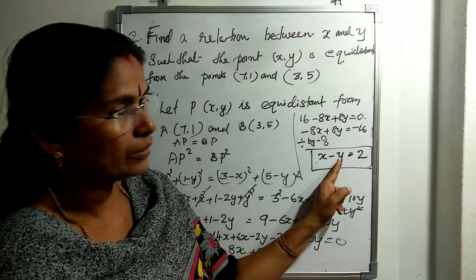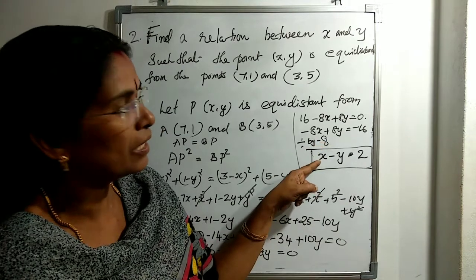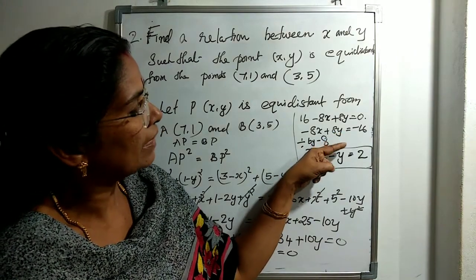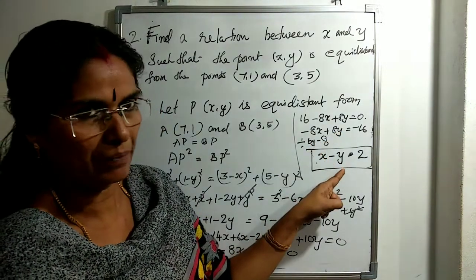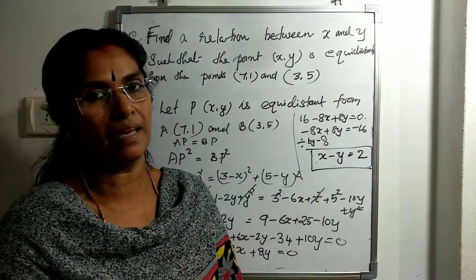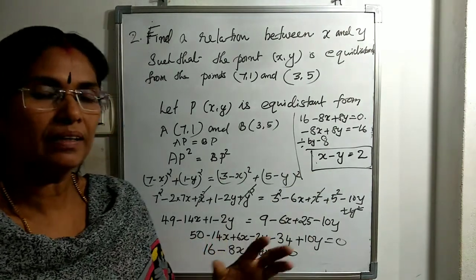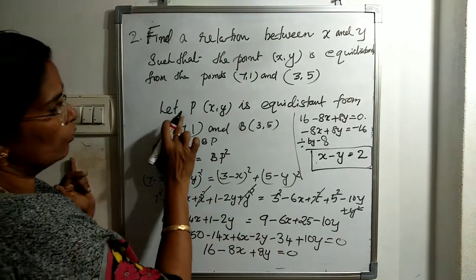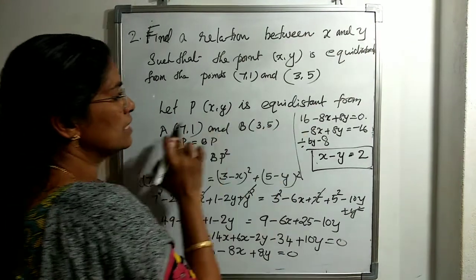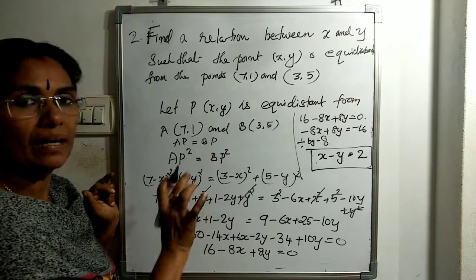Clear how this minus came? Divided by minus 8. So minus minus is cancelled, it becomes positive. Here positive and again divided by the minus, then minus will come here. So x minus y equal to 2. This is the relation between x and y. Clear? So you have to know that P is equidistant from A and B. It means AP and BP are equal.